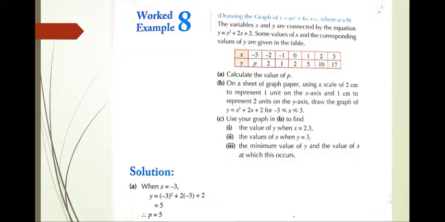Now, after the table is complete, on a sheet of graph paper, using a scale of 2 centimeters to represent 1 unit of the x-axis and 1 centimeter to represent 2 units of the y-axis. If you're drawing this on actual graph paper, these are the rules that you have to obey. Each 2 units up the y-axis is drawn with a length of 1 centimeter, so each unit is 0.5 centimeter.